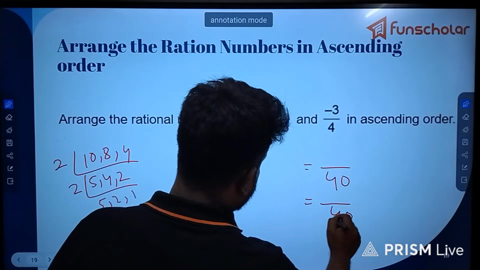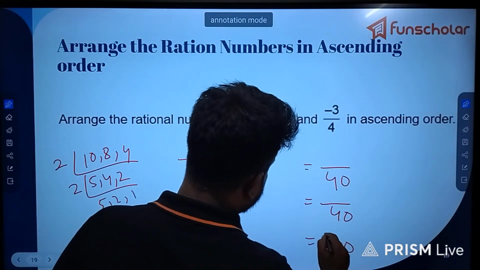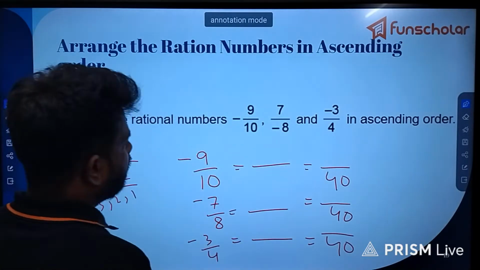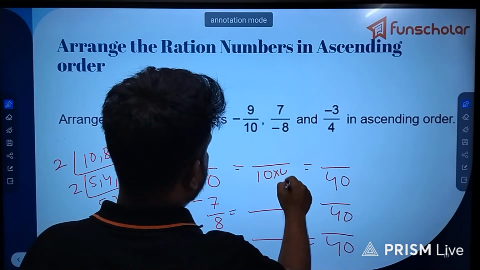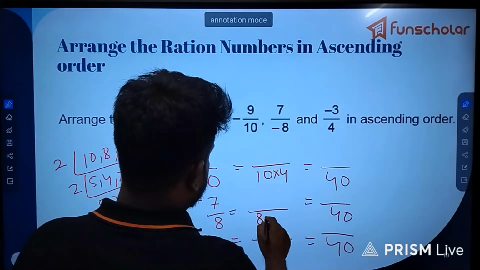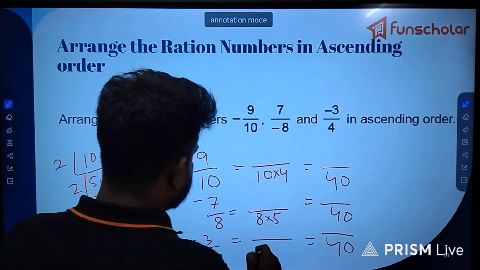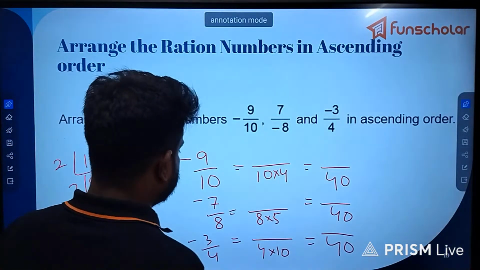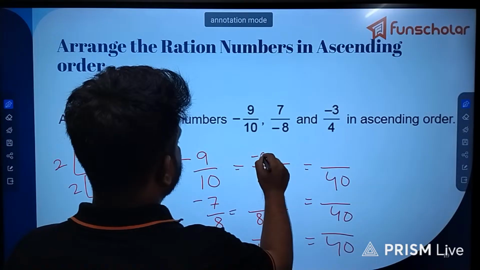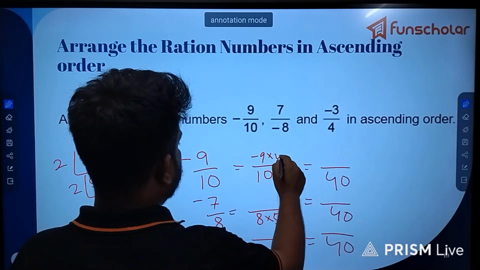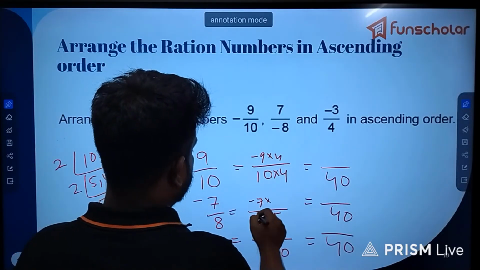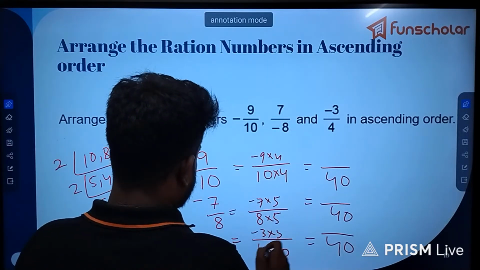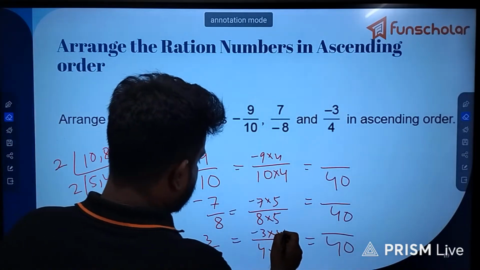To make the denominators 40, what do you have to multiply? You have to multiply 4 in the first case, 5 in the second case, and 10 in the third rational number. So in the first we multiply 4 as well, in the second we multiply 5 as well, and for the third we multiply 10 as well.